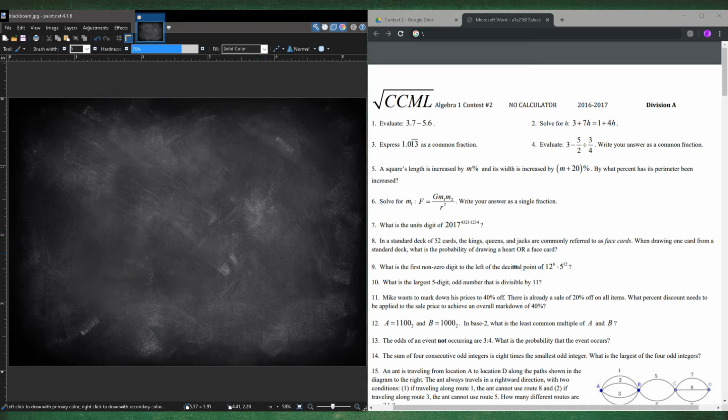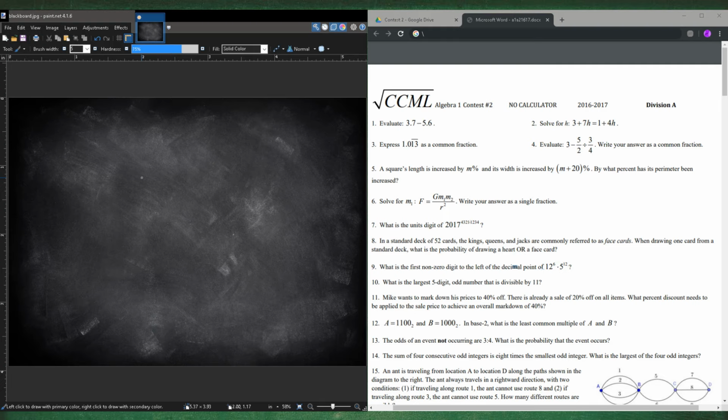Pretty simple. Question 5. A square's length is increased by m%, and its width is increased by m plus 20%. By what percent has its perimeter been increased? So a square's length is increased by 10%, right? So we just have to look for the percentage increase.